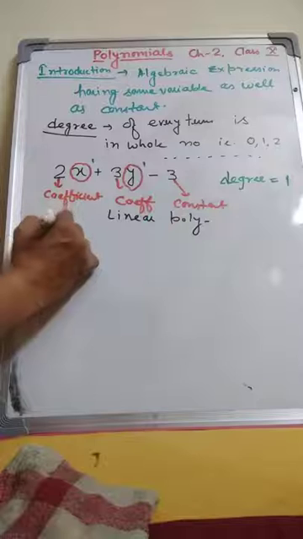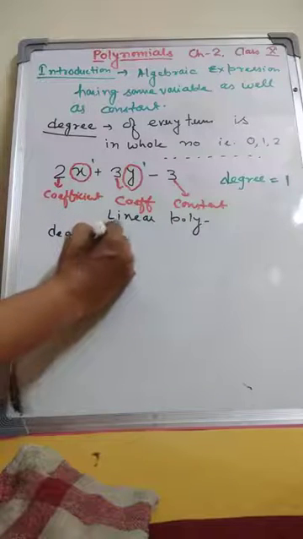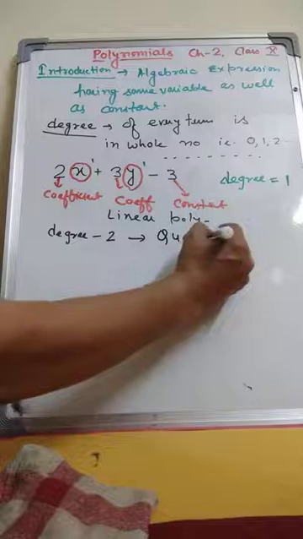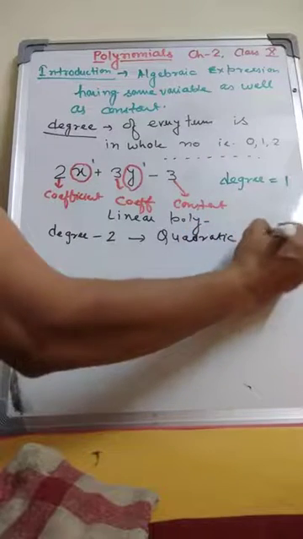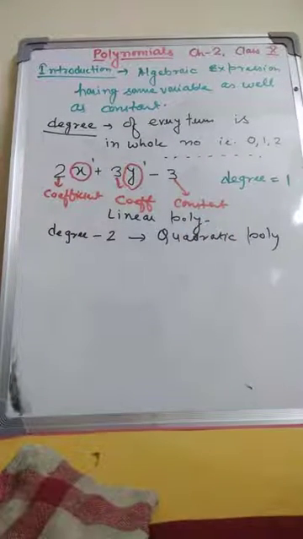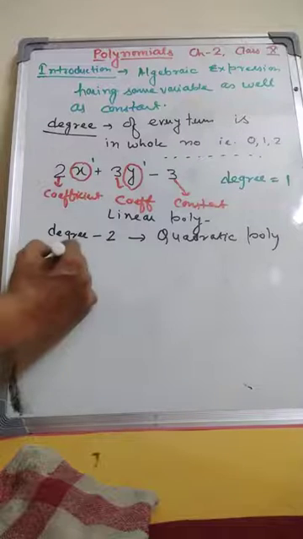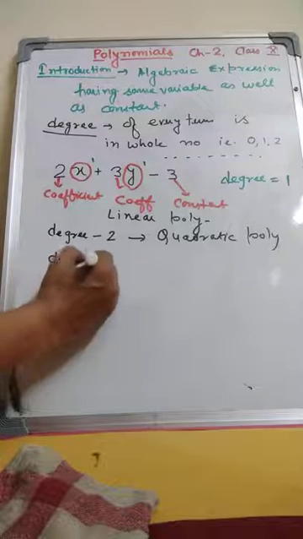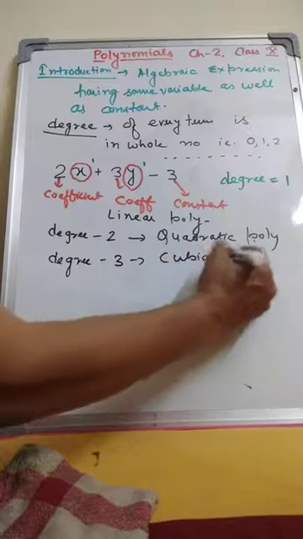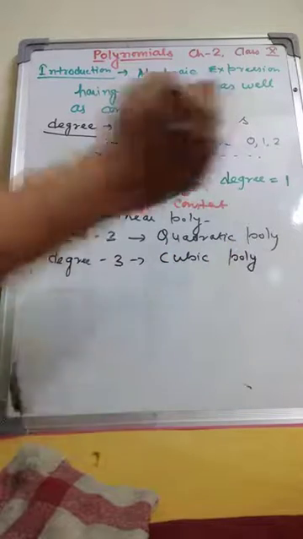When degree is 2, then it is called a quadratic polynomial. This we had already studied in class 9th. When degree is 3, then it is a cubic polynomial.